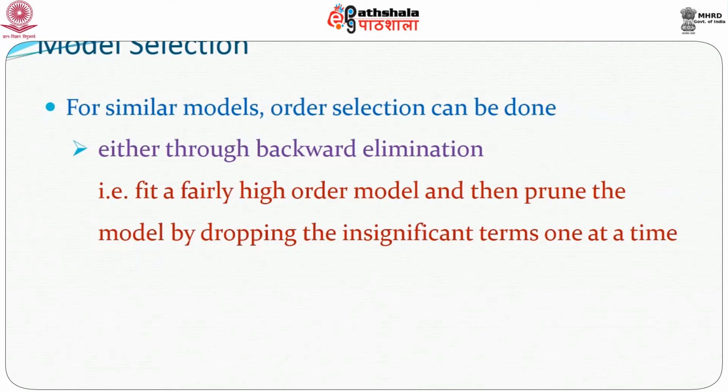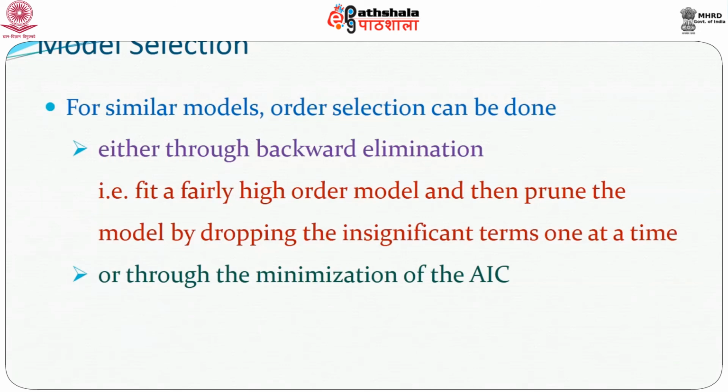That is, if you have very high orders with insignificant coefficients, you drop these terms one by one, and then you make the model smaller. You can expect that the higher orders will generally have less effect than the lower orders, the recent past, and then you can choose the model accordingly.